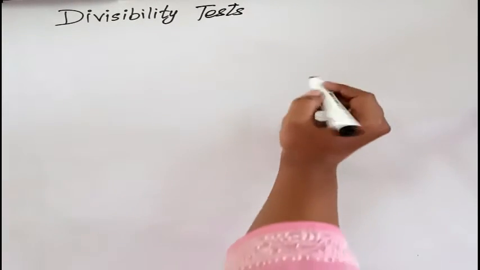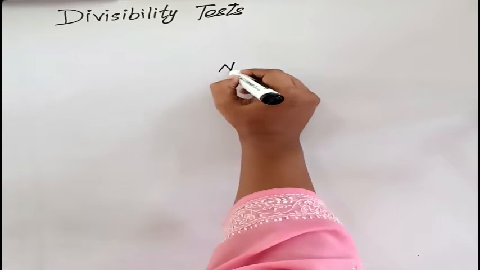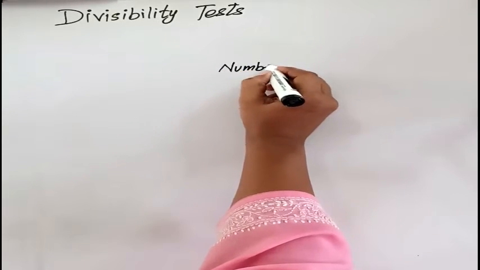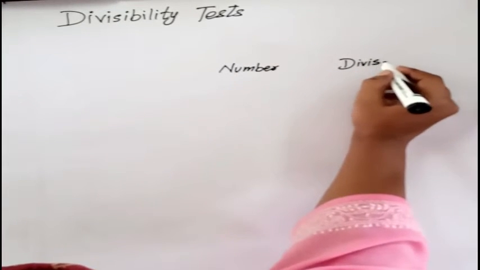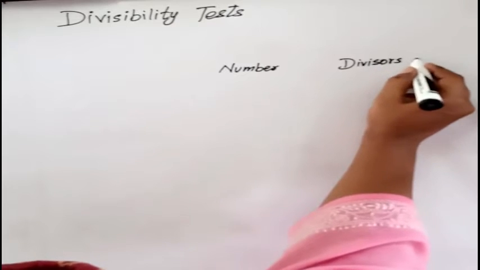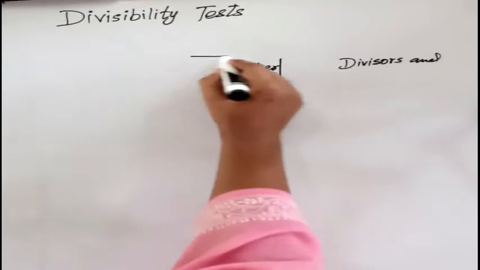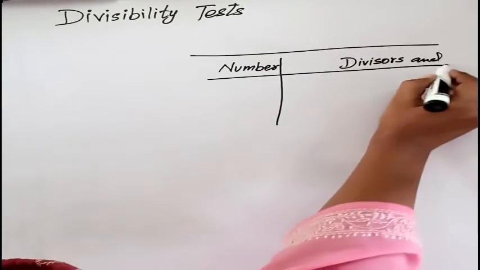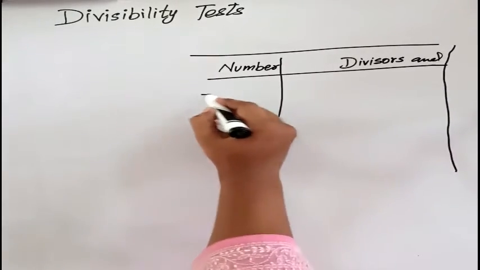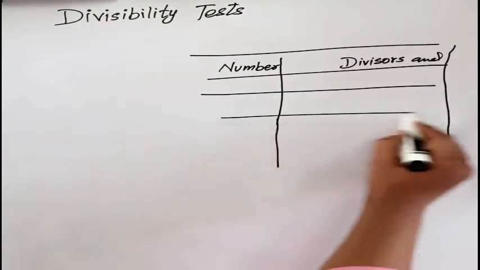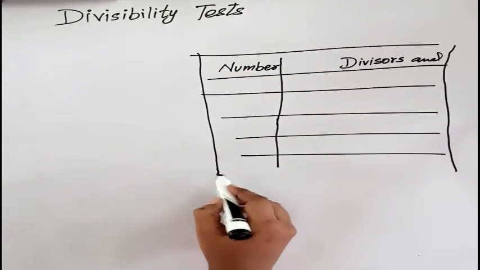You have to make a chart over here, and you will see what the divisors and factors are. Okay, students? This is the chart over here. And you can see some of the numbers are given over there.